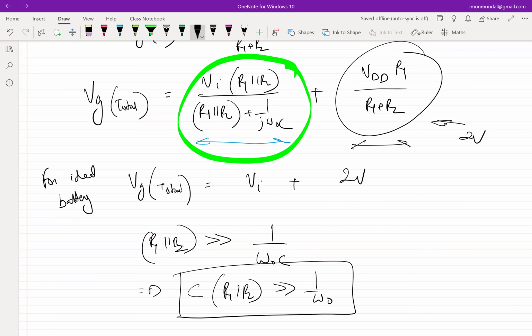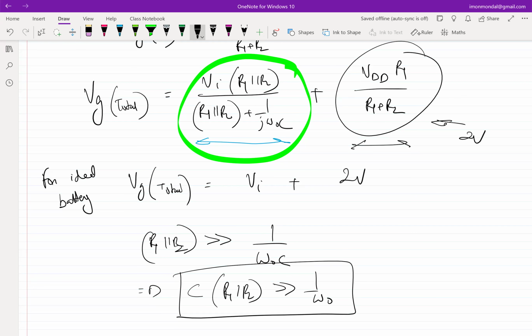So even without a floating battery, using a capacitor and a set of resistors, we can arrange our sources in such a way that it almost behaves like a floating battery.